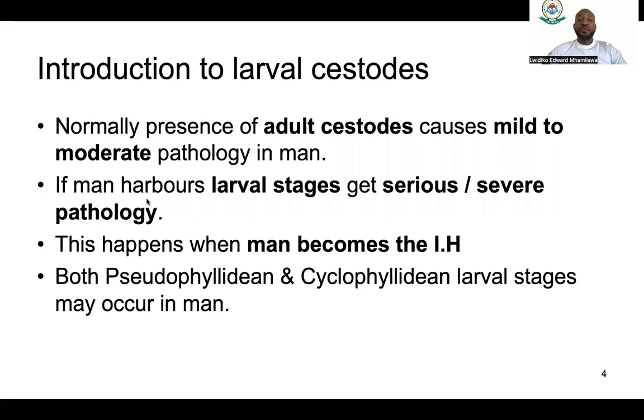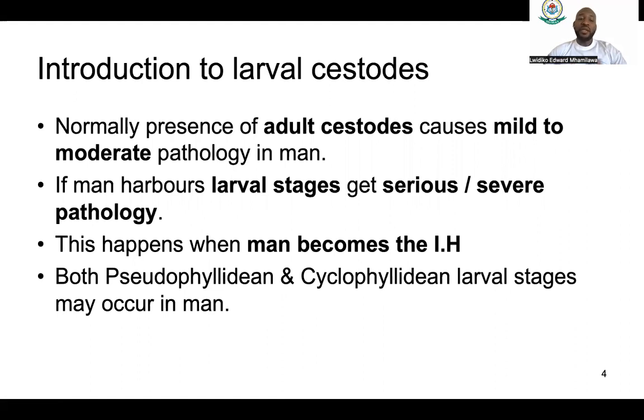Right, so normally, the presence of adult cestodes causes mild to moderate pathology in man. But if man gets infected by the larva stages of the cestodes, then they could get severe or serious pathology in the infection. And this usually happens when man becomes the intermediate host of the cestode.